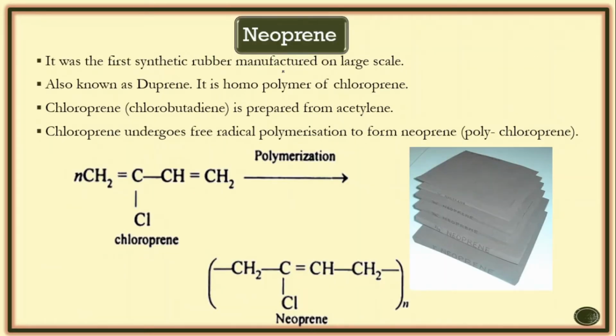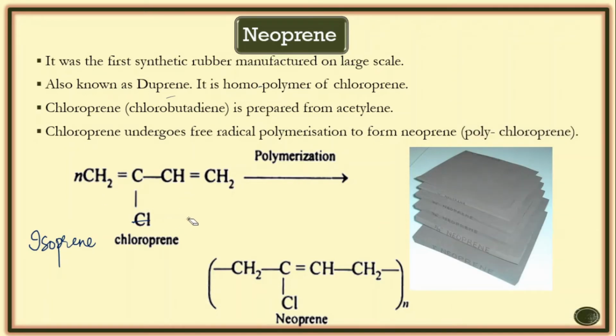Coming to neoprene, neoprene is also known as duprene, and it is a homopolymer of chloroprene. And when you say homo, that means the monomer is the same, and chloroprene is nothing but a derivative of isoprene. So if you remember, if it is isoprene, then there will be CH3 here. It's 2-methyl-1,3-butadiene that is isoprene.